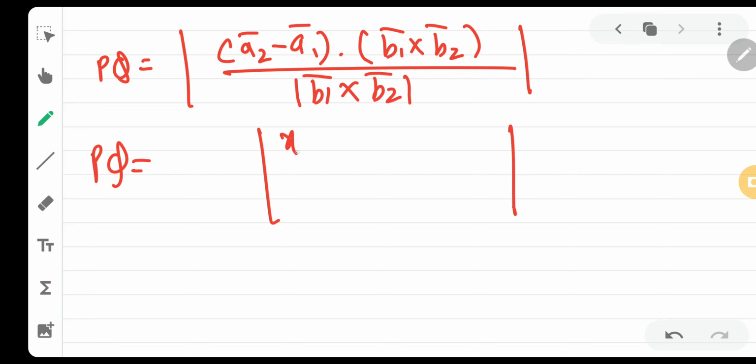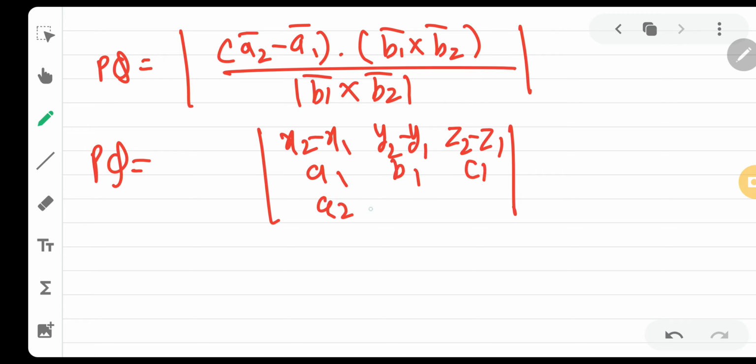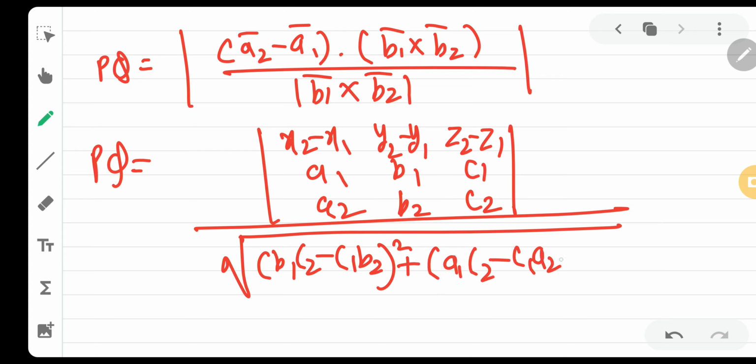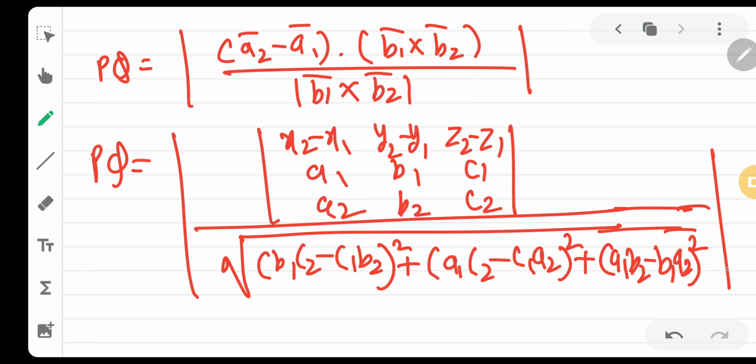So the numerator was the determinant of x2 minus x1, y2 minus y1, z2 minus z1, a1 b1 c1, a2 b2 c2, and the denominator was the square root of (b1 c2 minus c1 b2) the whole square plus (a1 c2 minus c1 a2) the whole square plus (a1 b2 minus b1 a2) the whole square, right? And then the mod. So you will say that, sir, have you rectified the formula? So beta, I have definitely not.